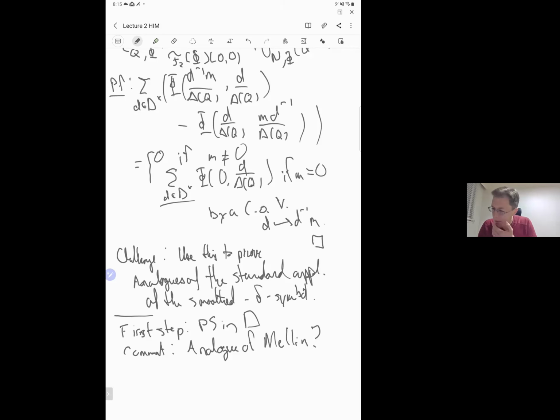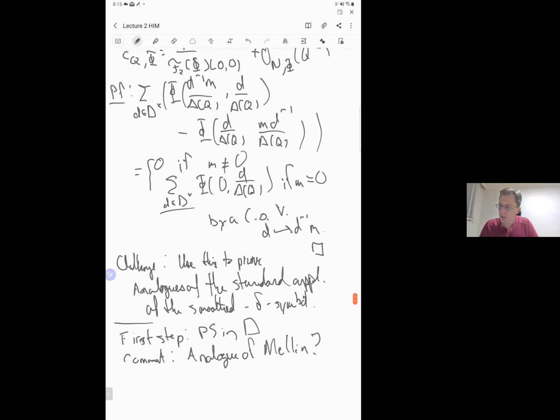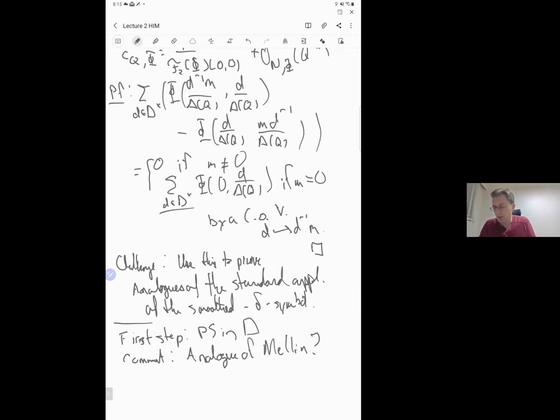In the other settings, when you apply the Poisson summation formula, you get some sum, and then you try to understand what it is as a function of these d, which are essentially your moduli. In the other cases that I know about, these turn into things that you can estimate by taking a Mellin transform, and they give you some sort of L-function.